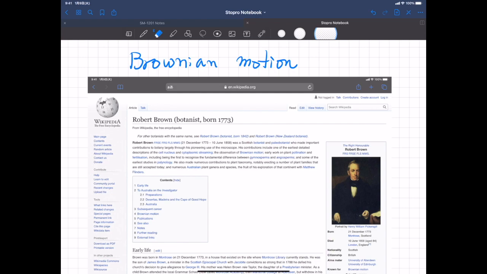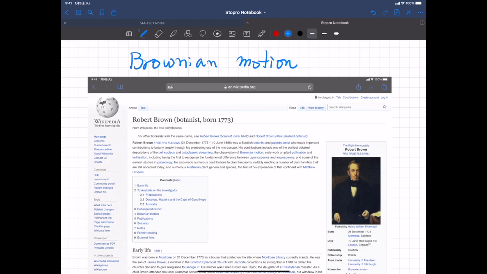Brownian motion as a natural phenomenon was first discovered by the botanist Robert Brown, as shown here. This is a Wikipedia page for Robert Brown, and he was observing a pollen grain of some plant under a microscope, and he found some zigzag motion, which he first considered to be the source of liveliness. But later he confirmed the same motion with inorganic material, so this hypothesis was rejected.